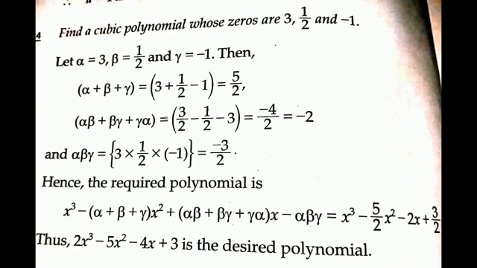So we can write here, using all the calculated values, x cube - 5/2 x square - 2x + 3/2. Now multiplying each term by 2, we have the required cubic polynomial. Thus 2x cube - 5x square - 4x + 3 is the required cubic polynomial.